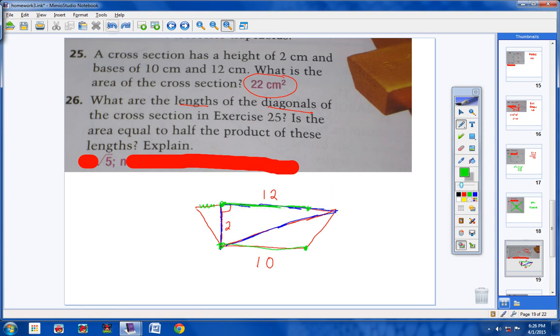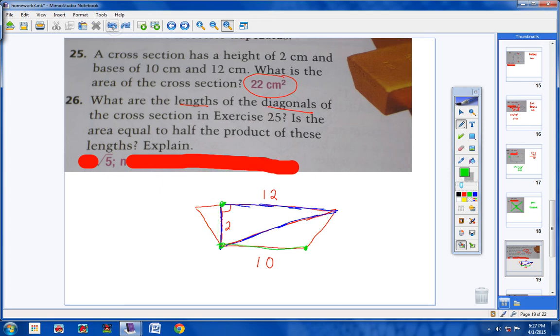Now, Mr. Earhart, you made one assumption I don't think you can make, and that assumption is that this section from here to here is congruent to this. Well, I can definitely make that assumption, because if I were to draw a height right here, this side here has to be congruent to this side here.